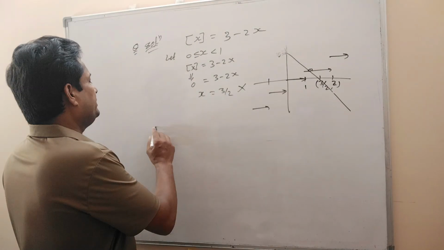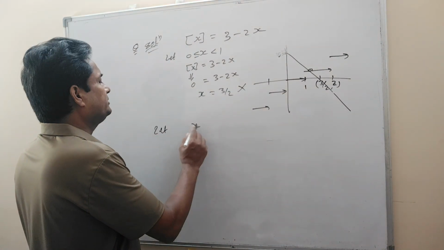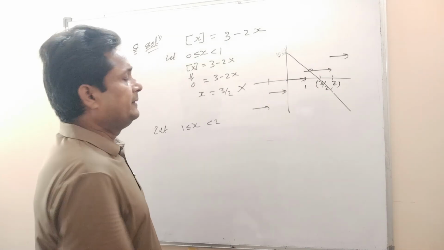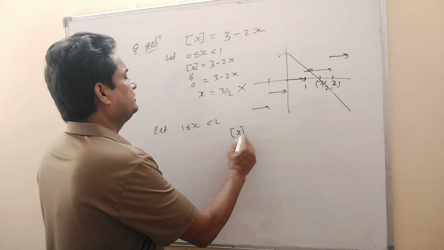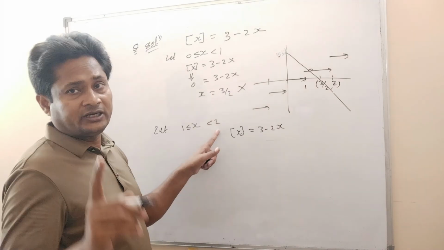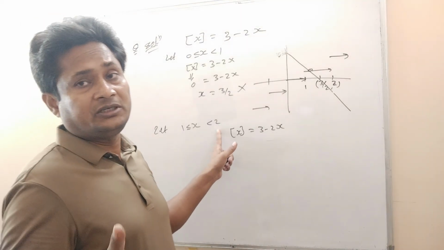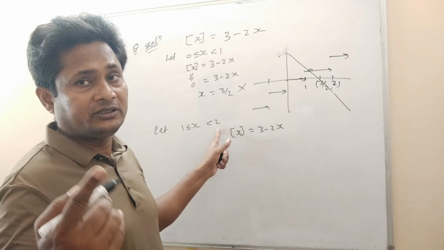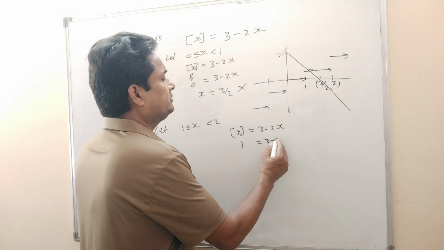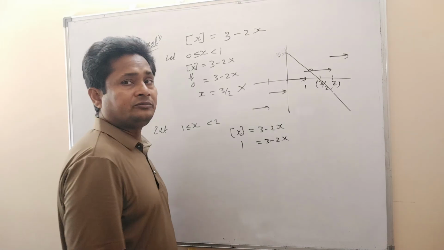Now take next, let x be greater than or equal to 1 and less than 2. Then this one, greatest integer of x is equal to 3 minus 2x. In 1 to 2, greatest integer of x will give the value 1, by using the property. That means 1 equals 3 minus 2x.